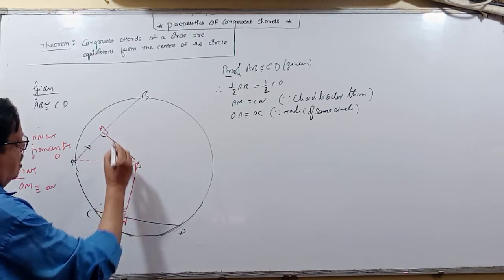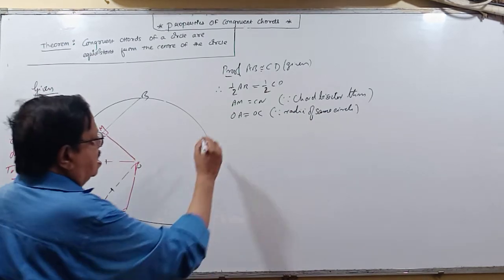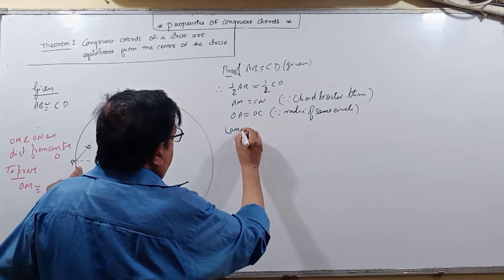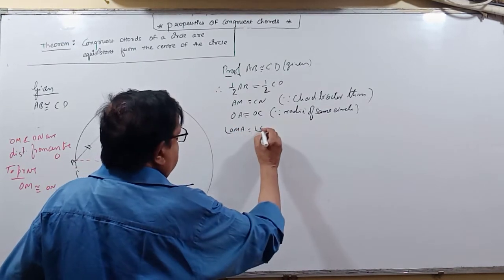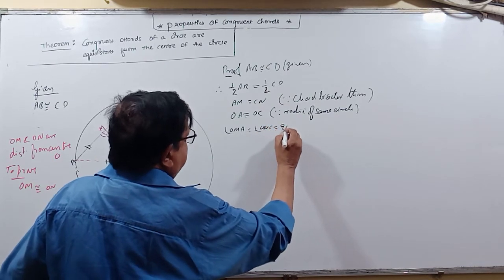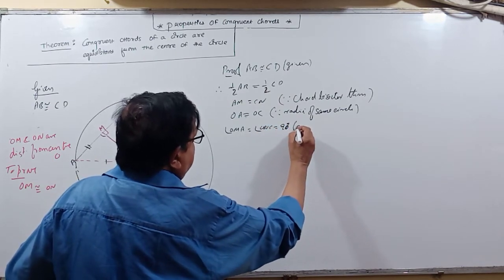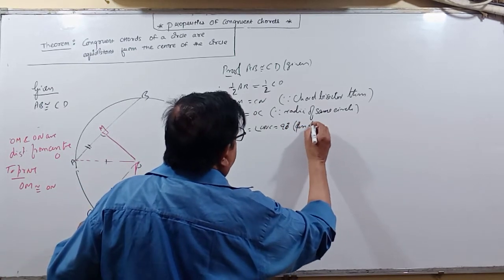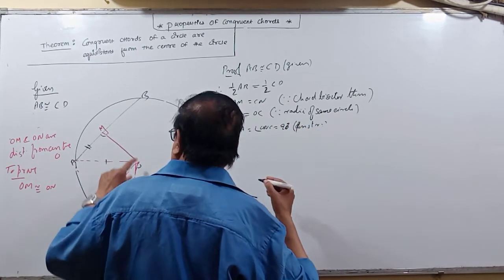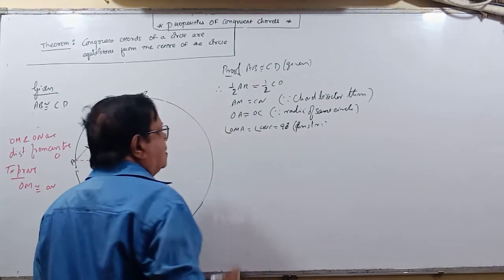Angle OMA equal to angle ONC equal to 90 degrees, given or construct. We are constructing OM and ON perpendicular.